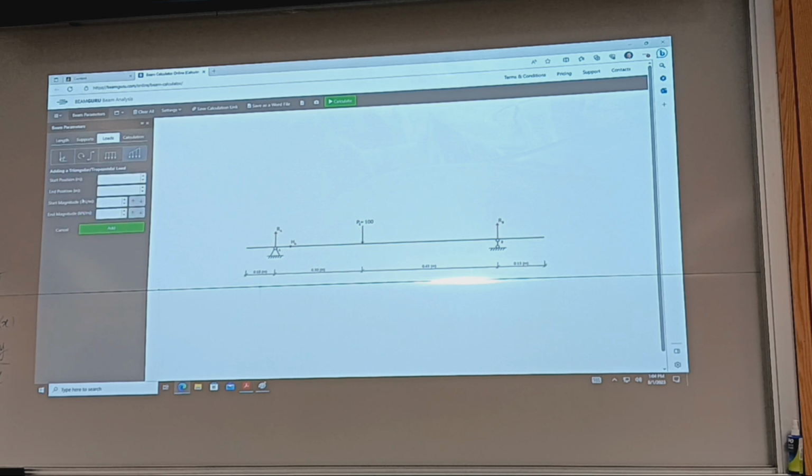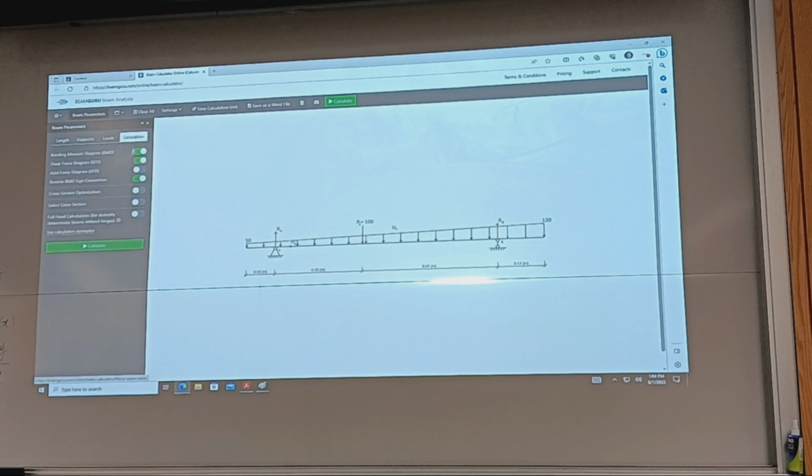Let's make it start position 0, goes all the way to 1, and starts with 10 and goes to 100. I need to make the numbers negative, so it can cross. 500, 150, 50. Okay, add and then calculate.